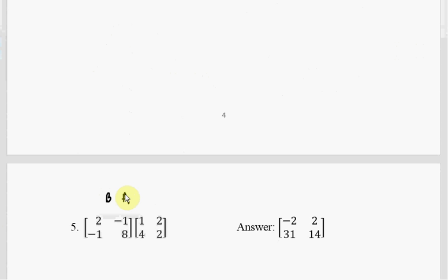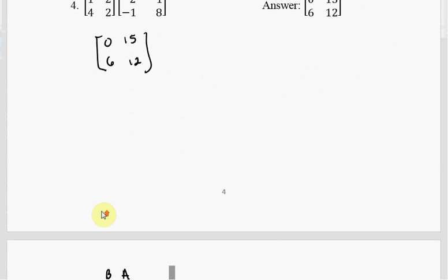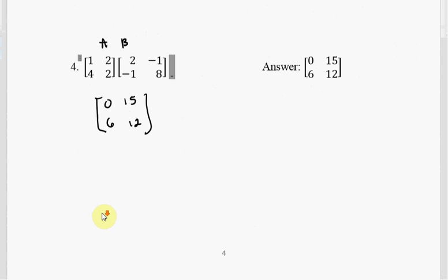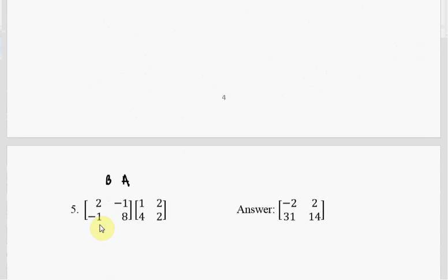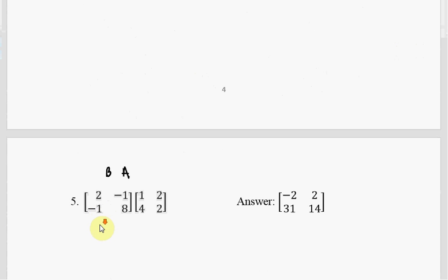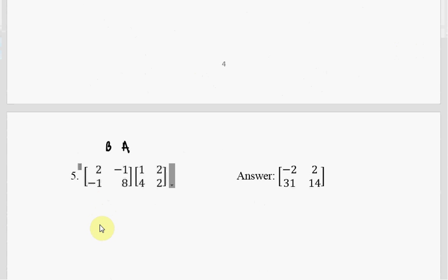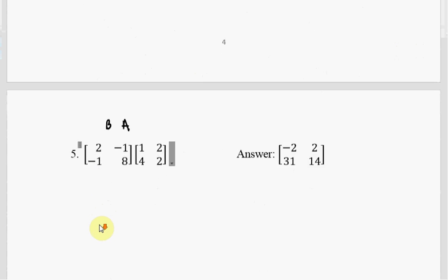A times A inverse gives you the identity matrix. But other than that, no. So look at number 4. The result you got was 0, 15, 6, and 12 for A times B. Then over here for number 5, we looked at B times A, and you get negative 2, 2, 31, 14. So different.